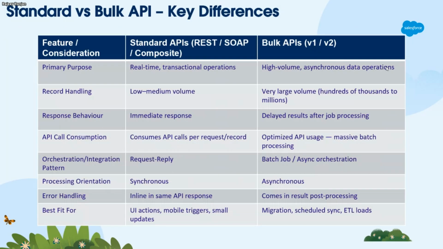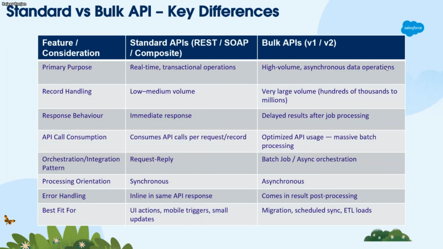So there are some features and considerations that I have put together, with which we can easily determine which API we should choose. If the primary purpose is real-time or transactional operations, we should go for the standard API. For high volume, we should go for the bulk API.